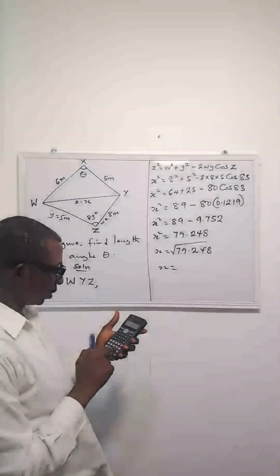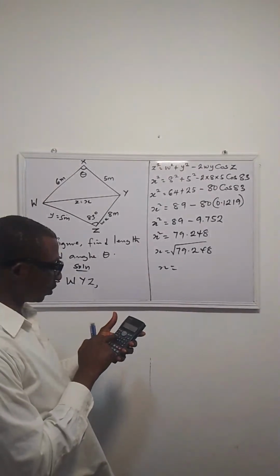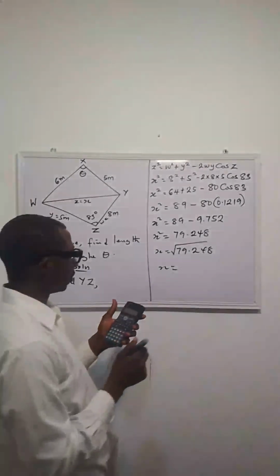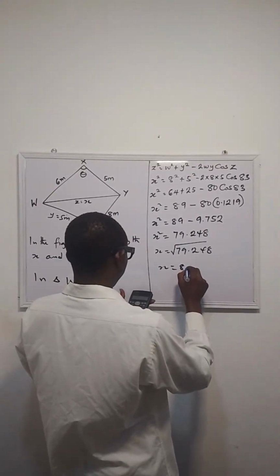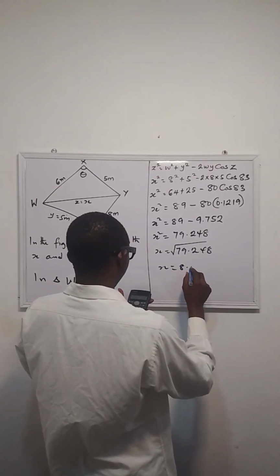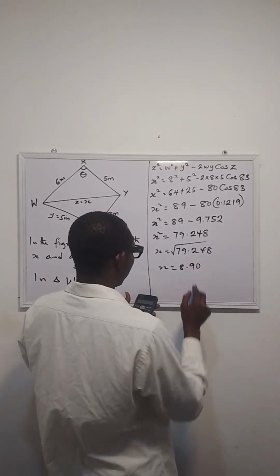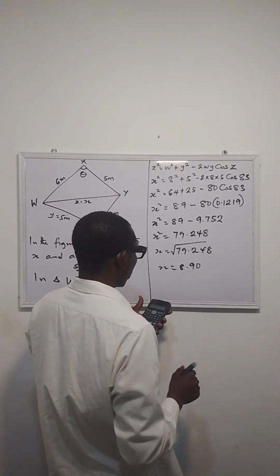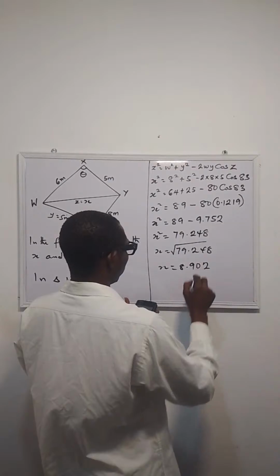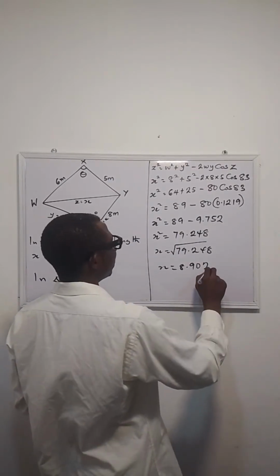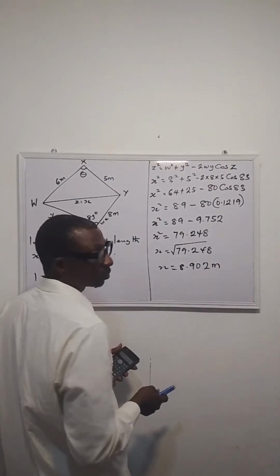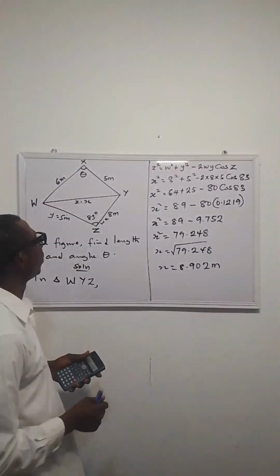Let's find the square root of that. So you have 8.902. So that is what we have in meters.